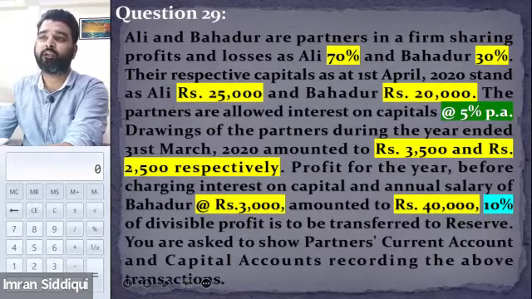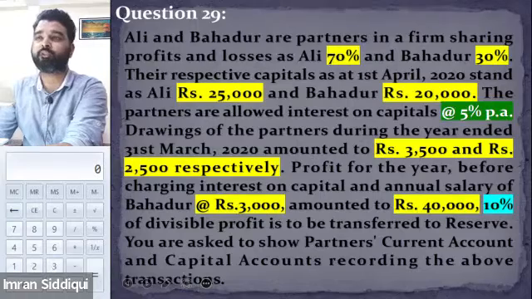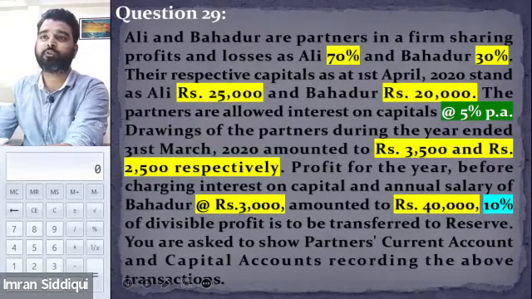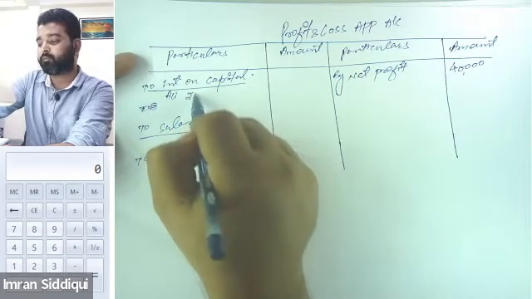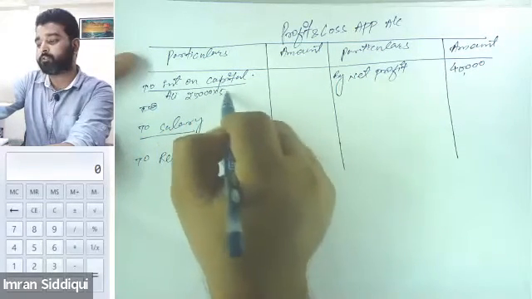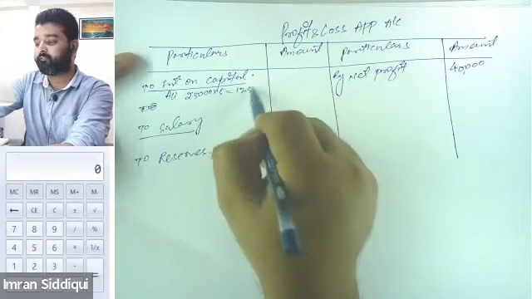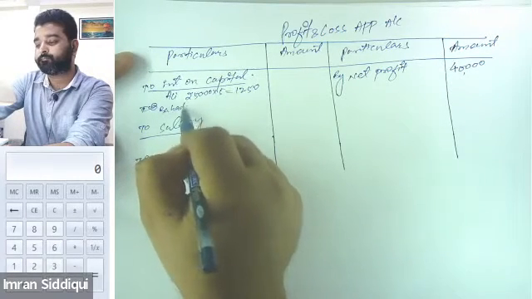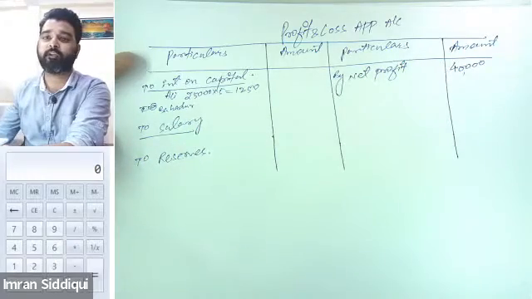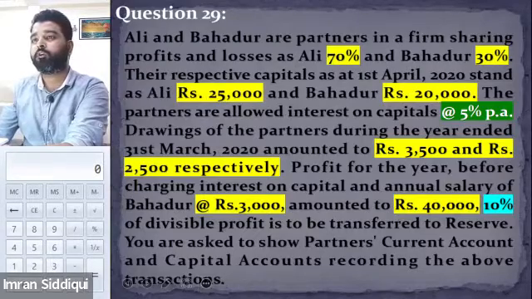After that, the question also says that both the partners are entitled to claim interest on capital at 5%, right? It is highlighted by the green color, you can see in the question. Rate of interest on capital is given as 5%. So on 25,000 and 20,000, we will calculate interest at 5%. For Ali, 5% of 25,000 will be how much? 1,250 rupees. And for Bahadur, interest will be paid at 5% again, but this time on 20,000.